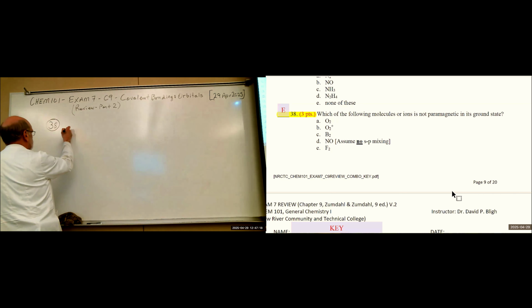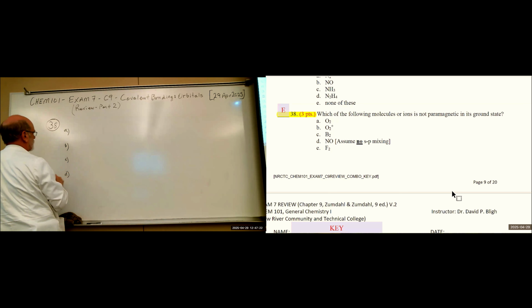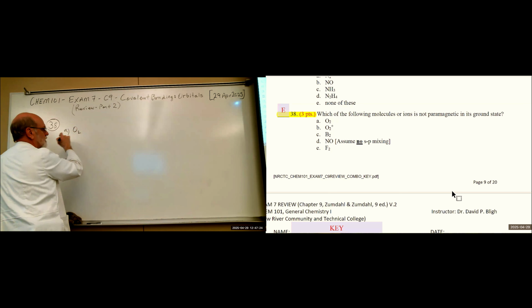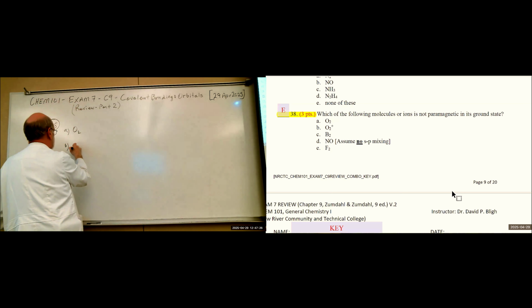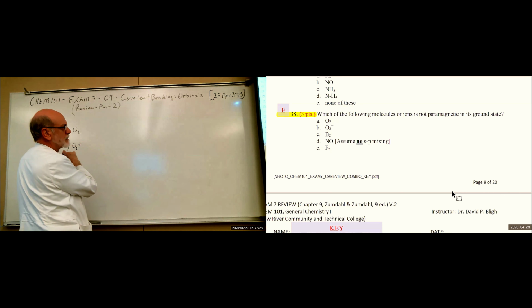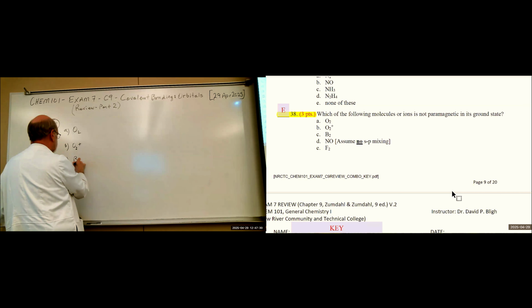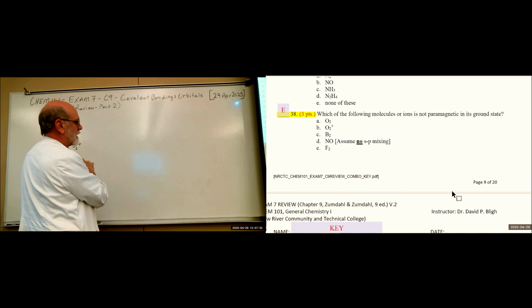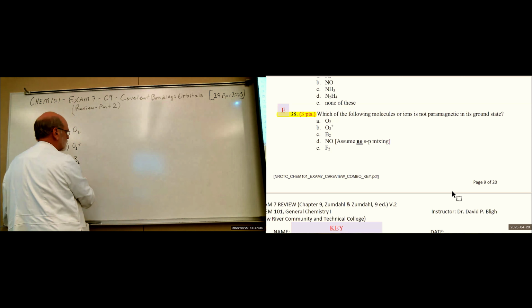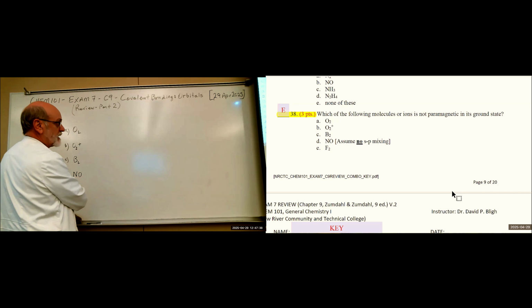So let's look at each one. This is O2, O2 plus, B2, and NO with no mixing, and E is F2.